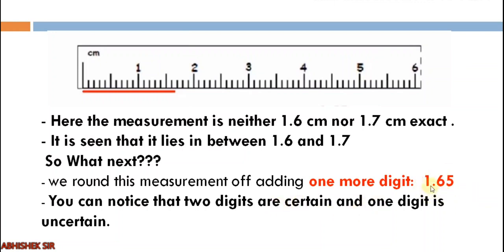So you can see 1 and 6 we are sure are perfect, but 5 we are not sure. So we can say that 1.65 has those significant digits, which contain two sure, certain digits and one uncertain digit. Clear? So this is about rounding off, but with very good accuracy.